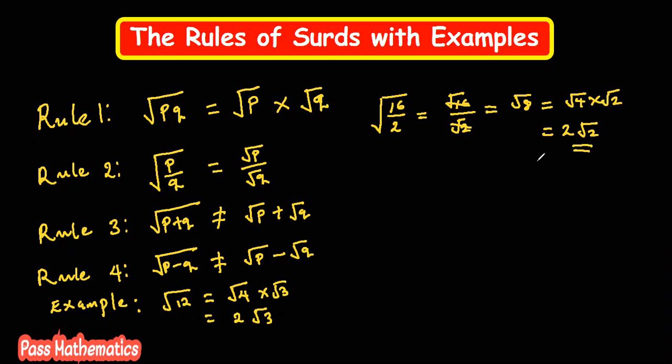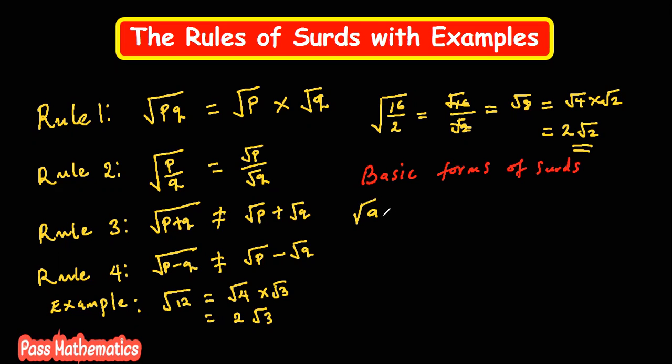All right, let's take another rule, which is called basic forms of surds. Basic forms of surd. So for instance, if we have root A, root A is said to be in its basic form if A does not have a factor that is a perfect square.